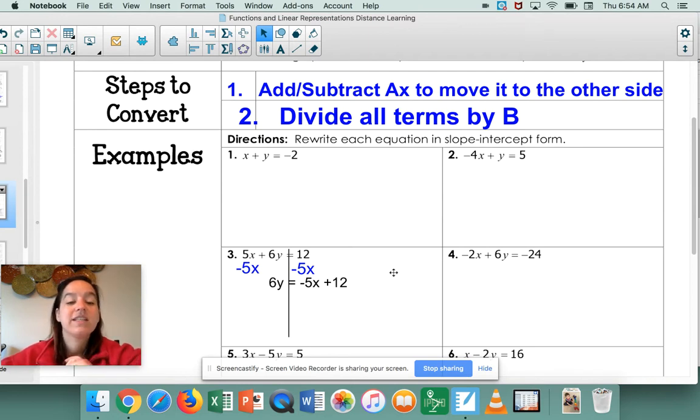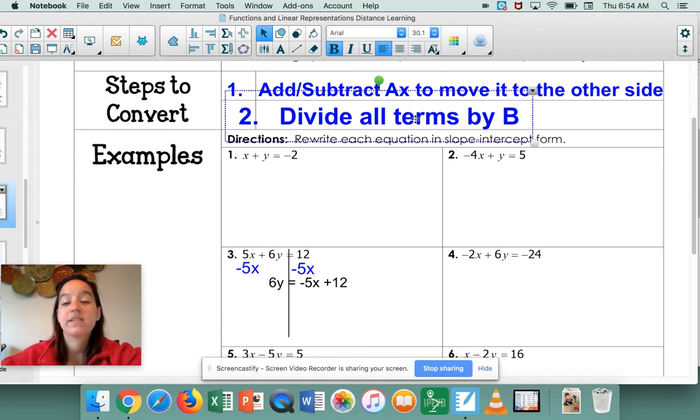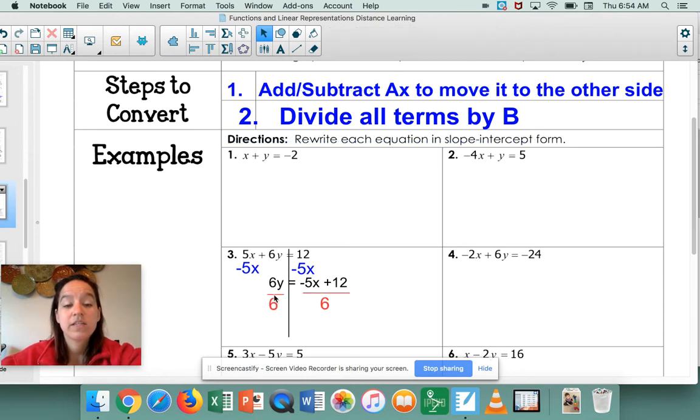Please note, it is really important that you rewrite that, because now my second step is to divide everything by b. Well, the coefficient to y, which is b, is 6. So I'm going to divide both sides by 6. But there's something super important, and please don't forget. On the one side, yes, I'm going to get just y, because 6 divided by 6 cancels out.